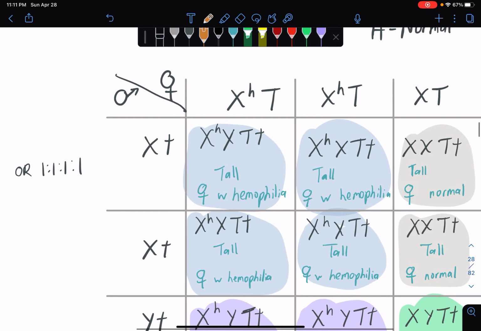So for example, here you have h and then X and then capital T small t. What does this mean? First things first, this is a female, so you write that symbol for a female. It is heterozygous, but what matters is that the dominant trait is followed, so therefore we describe it as tall.